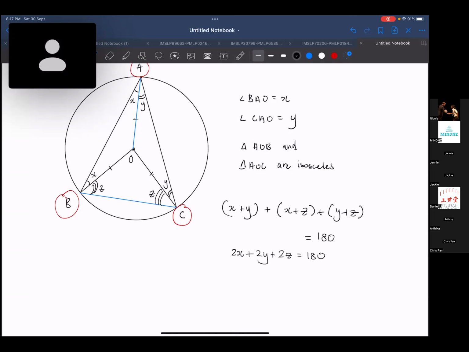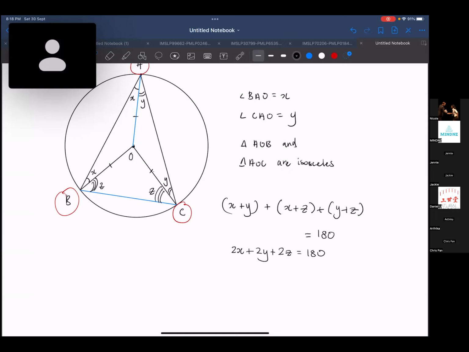Yeah, okay. So we're going to prove now that our angles are going to be double at the center. So how do we get to that? Right now, we have used the bigger triangle, the one that has all three vertices on the circumcircle, and we have this little equation here, right?